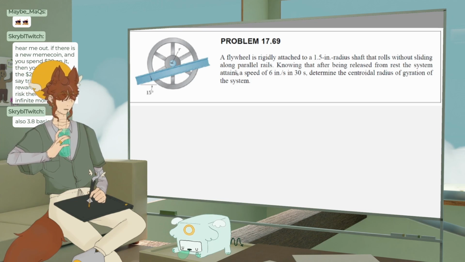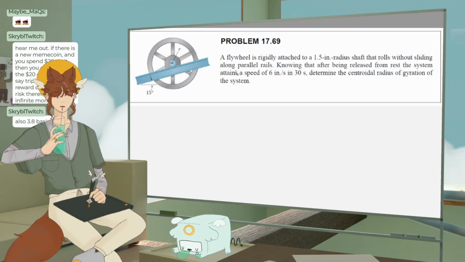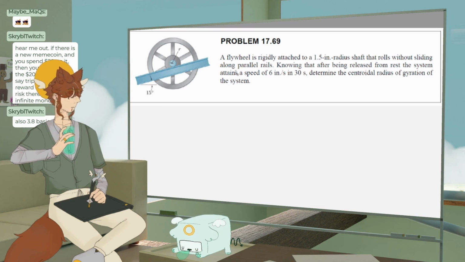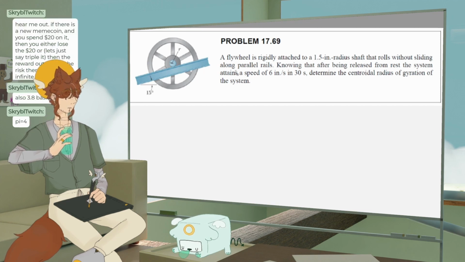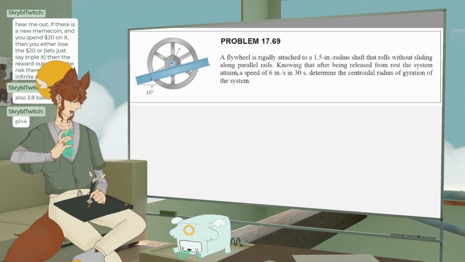In the machine shop, when you run mills or lathes, I did a lot of lathe stuff, you have to calculate feeds and speeds for it, which are basically saying how fast you want the lathe to turn. Pi equals 4. Exactly.